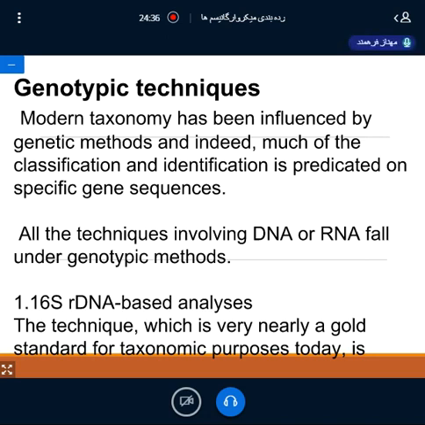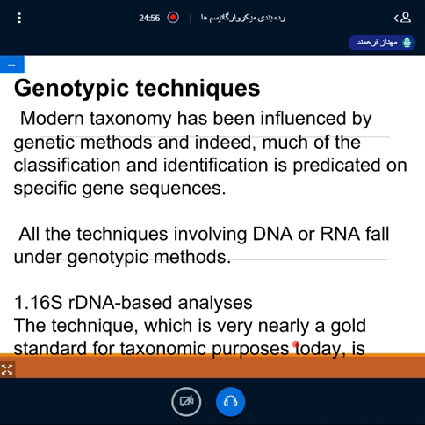So the modern taxonomy that I told you is the polyphasic taxonomy, which is concerned with two techniques together, phenotypic techniques and genotypic techniques.